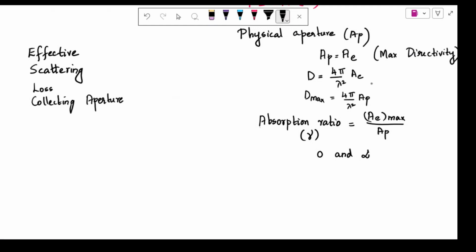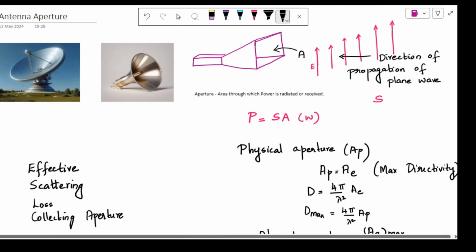This concept comes into the picture whenever we assume that there are no losses. But as such, none of the antennas are lossless; for any kind of antenna you consider, there will be losses, and based on that, there will be different types of apertures as well.